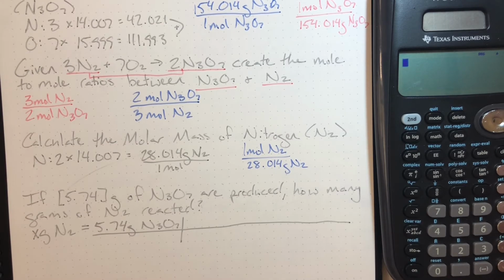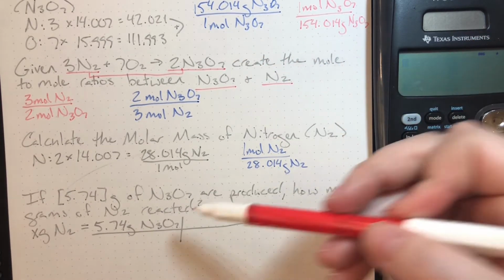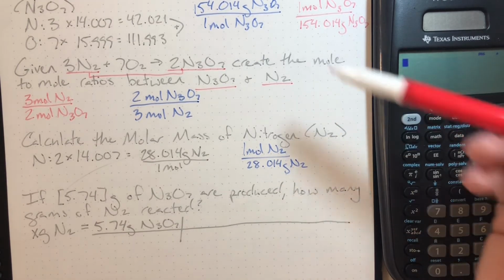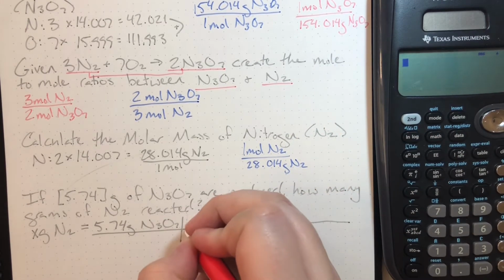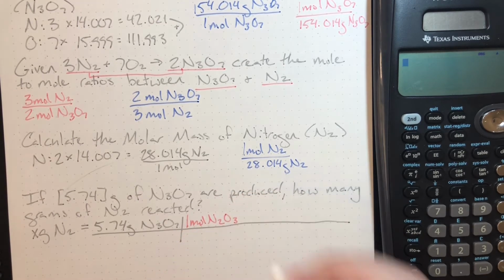This is going to be the molar mass of trinitrogen heptoxide. That is going to be this conversion set. I'm currently having grams in the numerator, so I need grams in the denominator. That is going to be this red version, so that is what I will plug in.